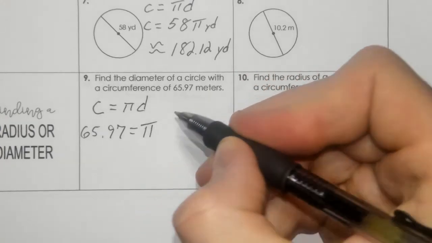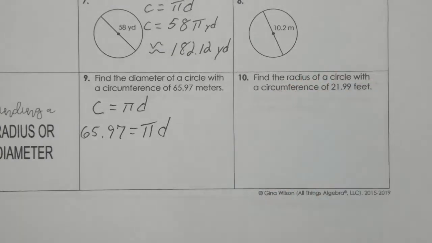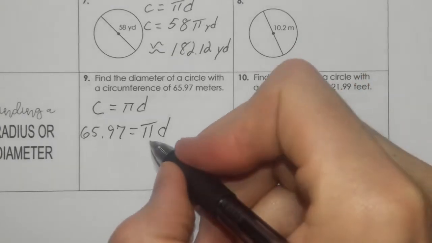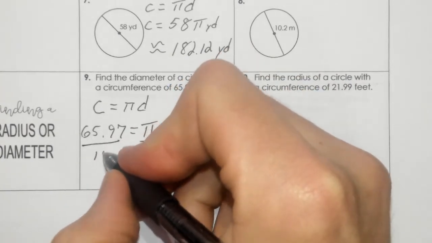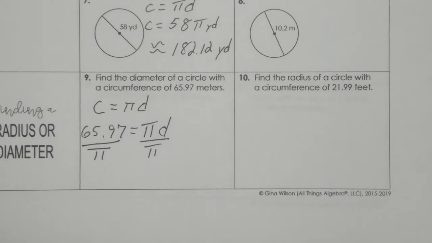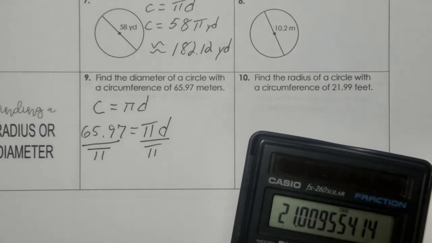So my circumference formula that involves diameter looks like this. C equals pi d. This time though, I'm given the circumference, so I'm going to write that down and plug it in instead of C. Pi is a constant. It doesn't change here. And we don't know what d is. D is the unknown. So now I'm just going to solve the equation for d. I want to isolate the variable d, so I'm going to divide both sides by pi. Okay, so 65.97 divided by 3.14. I got approximately 21.